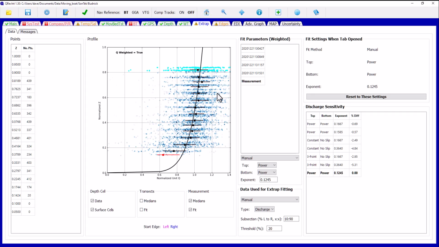Therefore, in an unusual situation like this, it might be reasonable to say, I am in fact going to narrow my data. I'll go back to my automatic fit. And let's remember that's constant no slip with a 0.364 exponent.